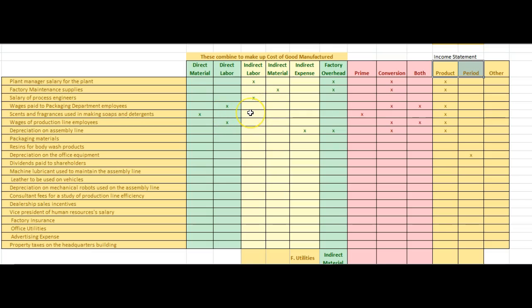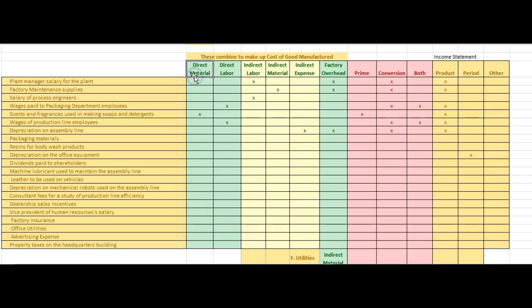On top of that, indirect materials, labor, and expenses are also known as factory overhead. So these nest together. So it's really important that you can distinguish between where they fall when they get to this side of all of the descriptions and categories.